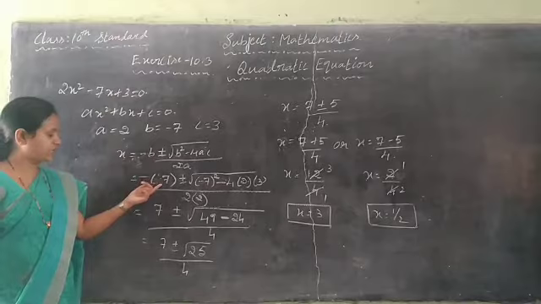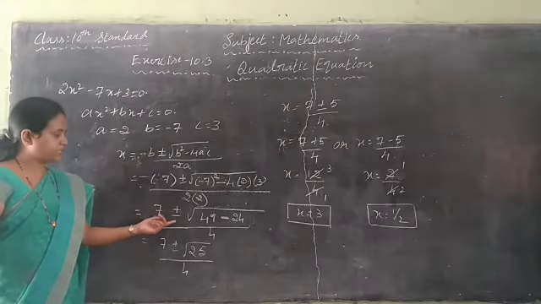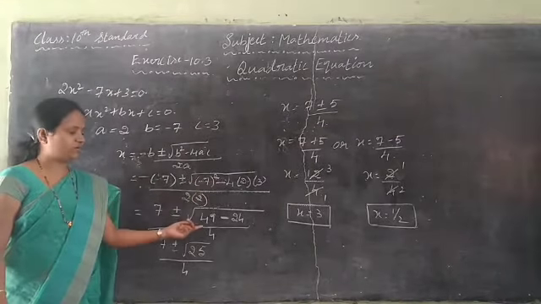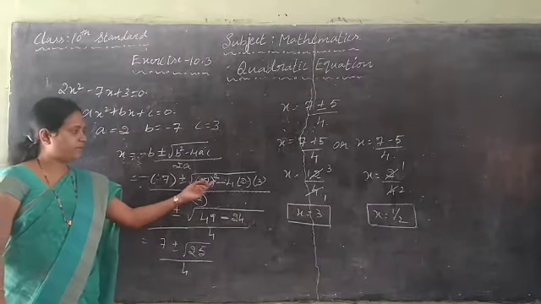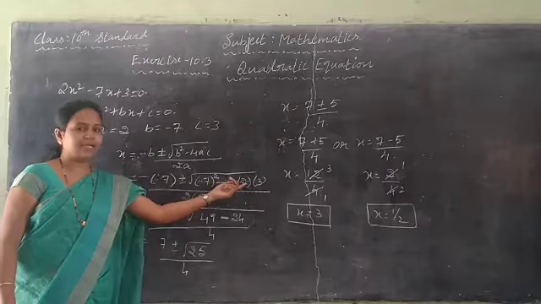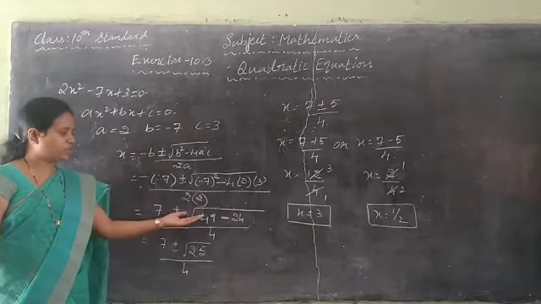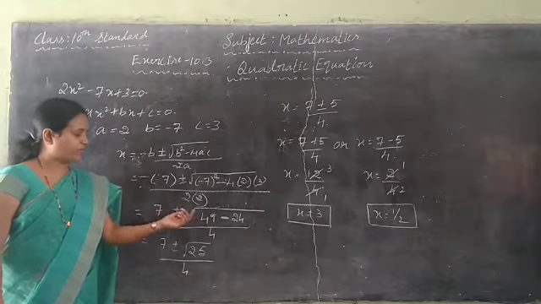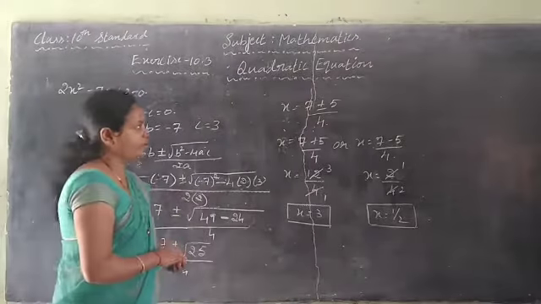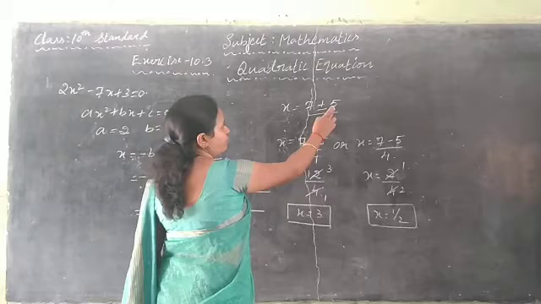Minus into minus will be plus. Plus or minus, 7 sevens are 49. In the same way, minus 4 twos are 8, 8 threes are 24. So 49 minus 24 divided by 4. When you subtract 24 from 49, you get 25. The square root of 25 is 5.